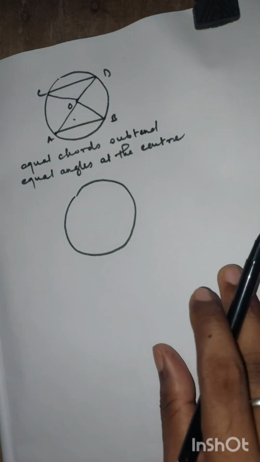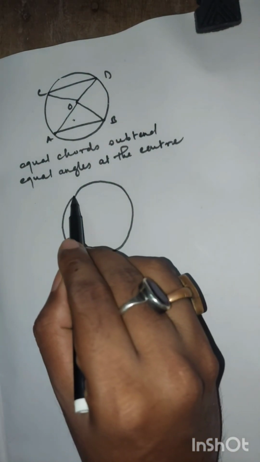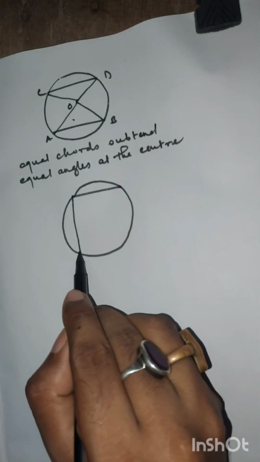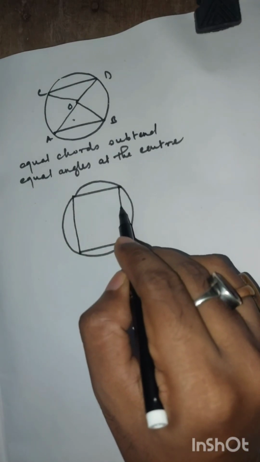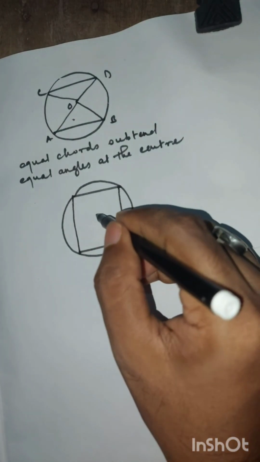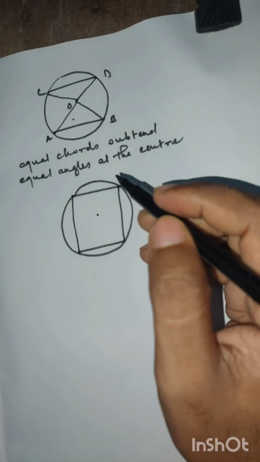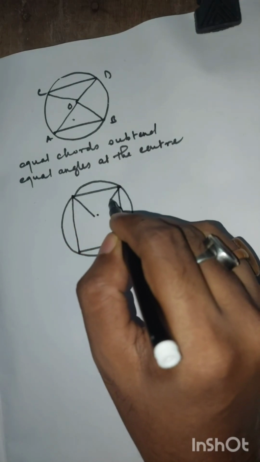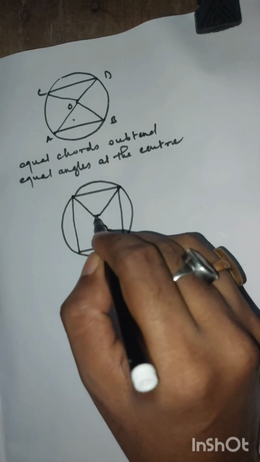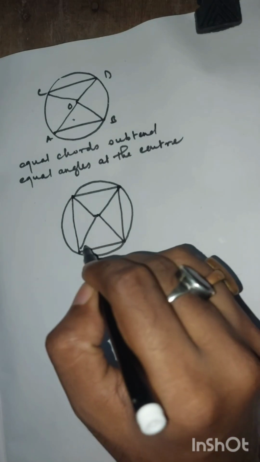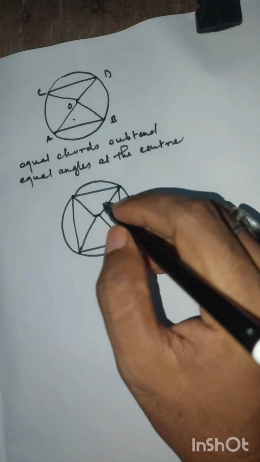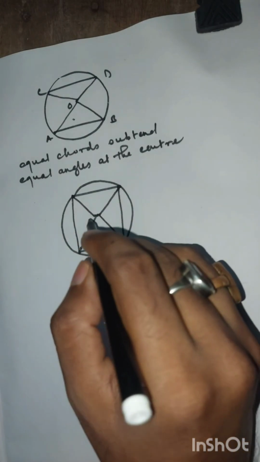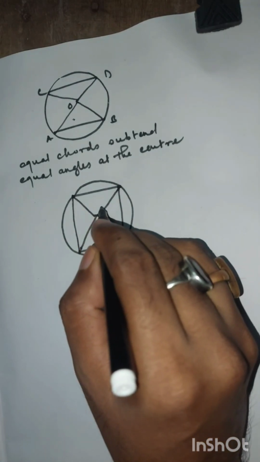If we inscribe a square inside a circle, then the angles subtended at the center by the sides of the square will be equal, and each of them will be equal to 90 degrees.